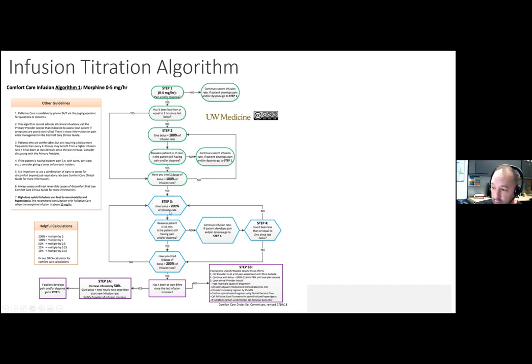If you find that they're still needing frequent boluses, then you may, with specialty help, consider increasing the infusion. As an alternative, in this regimen, it talks about increasing it by 50%.